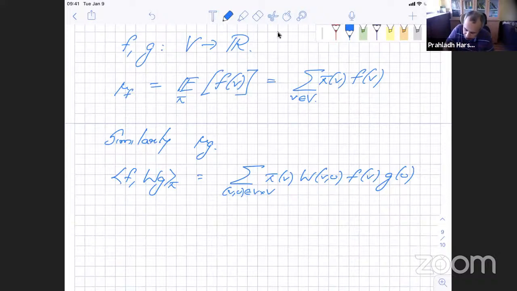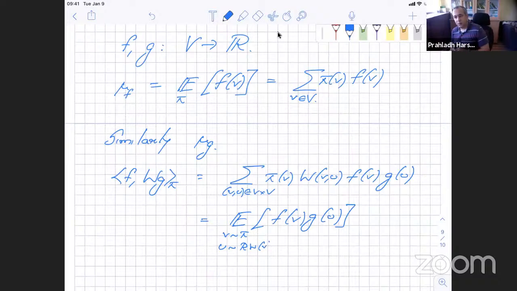You can view it equivalently as the expectation of f comma g according to pi. The easiest way to write this is the expectation of f(v) g(u) when you take the first vertex v according to pi, the stationary distribution, and u according to the random walk starting at v.